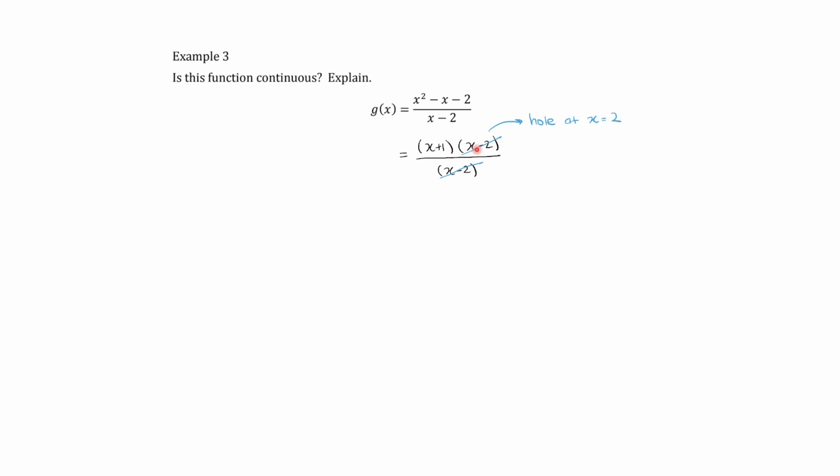And so since we have a hole, and again, how do we know we have a hole? Because we are canceling out those terms. So since we have a hole, we have that no, this function is not continuous. And again, why? Because it has a hole at x is equal to 2.